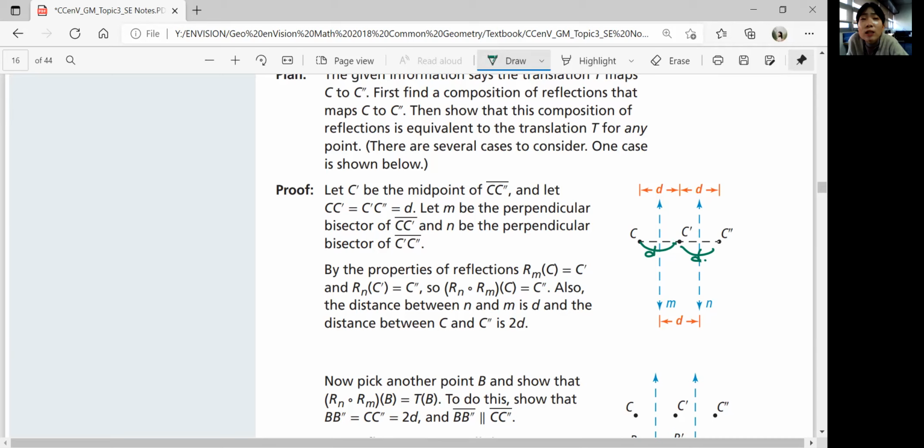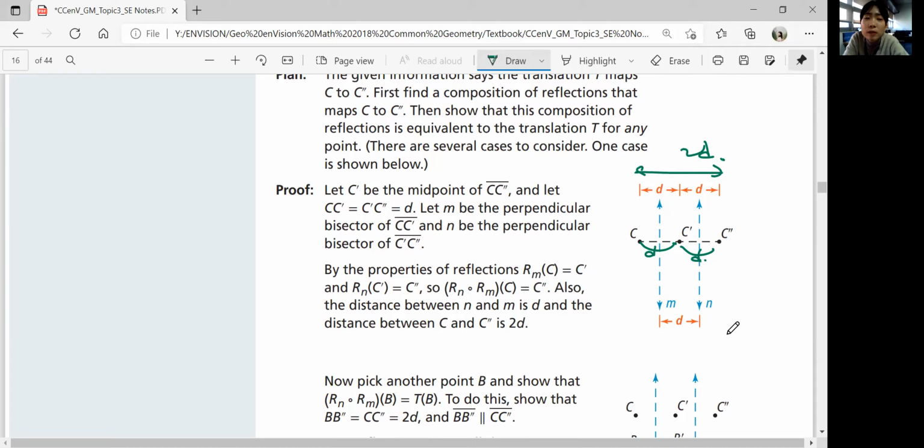So these 2 reflections could be combined into a composition of reflection of line M and then reflection of line N, and that could be C prime prime. So the distance between N and M is D, and the distance between C and C prime prime should be 2D, right? All together total.